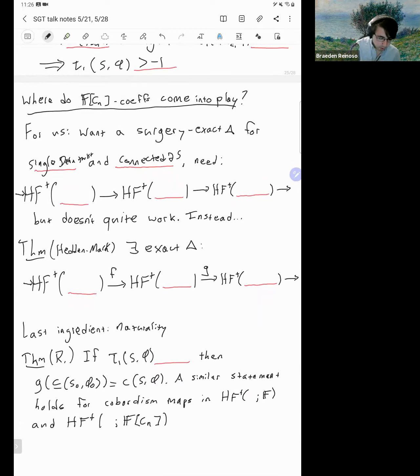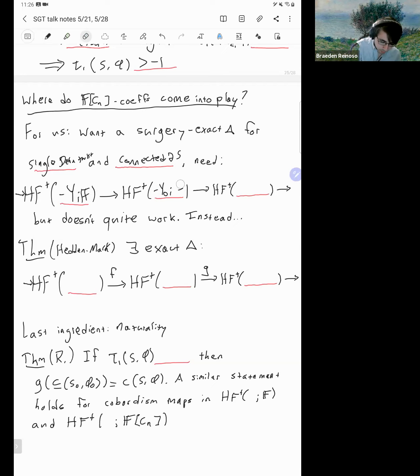We need something of the form, say, HF plus of minus y with F coefficients to HF plus of minus y0, where it would be really nice if we had F coefficients, but it's not going to work.